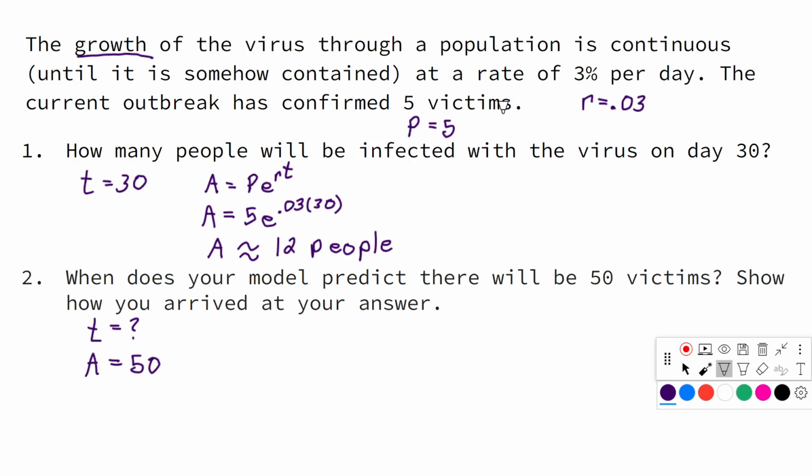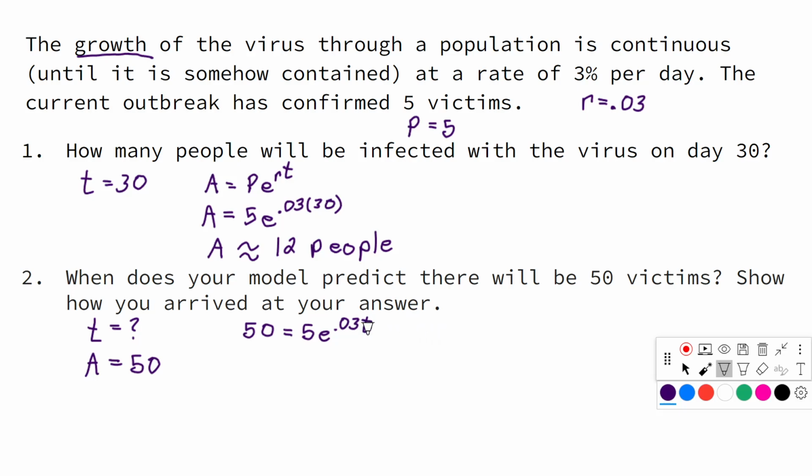And we will use the same P value and R value as we did on number 1. So I will set this up as 50 equals 5 times e to the 0.03t.